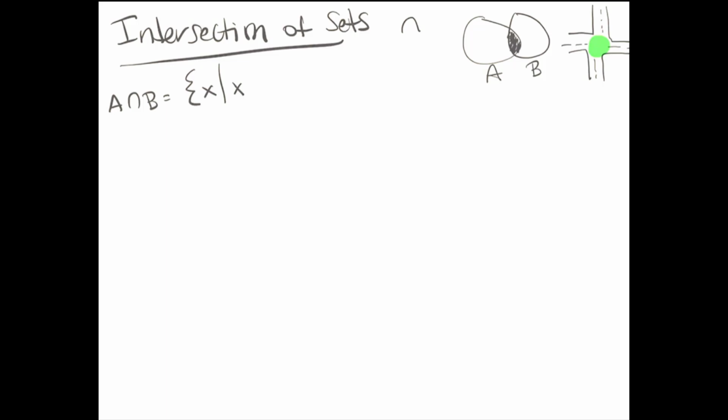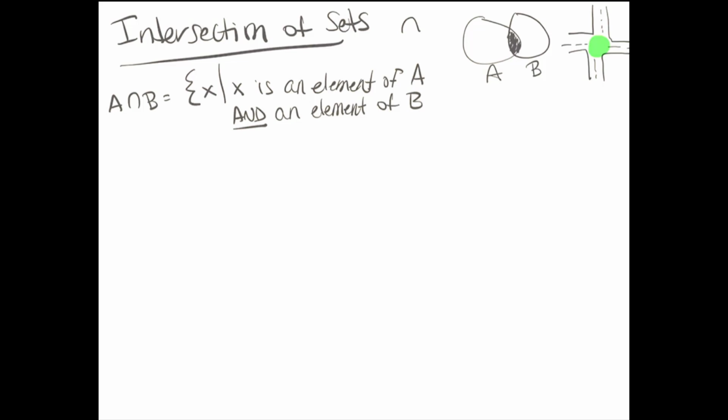So X is an element of A, and since we're talking about intersections, an element of B. So it's got to be in both sets in order for it to be an intersection.